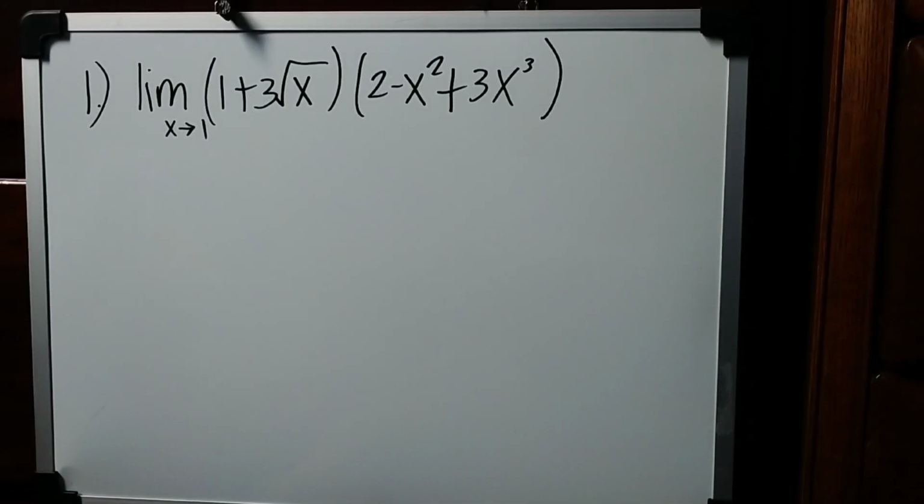So for example, number 1, we have the limit of the quantity 1 plus 3 multiplied by the square root of x times the quantity of 2 minus x squared plus 3x raised to the power of 3.